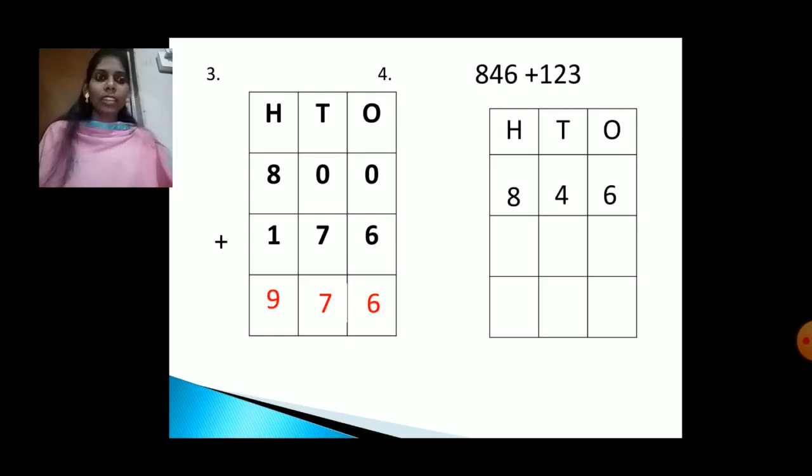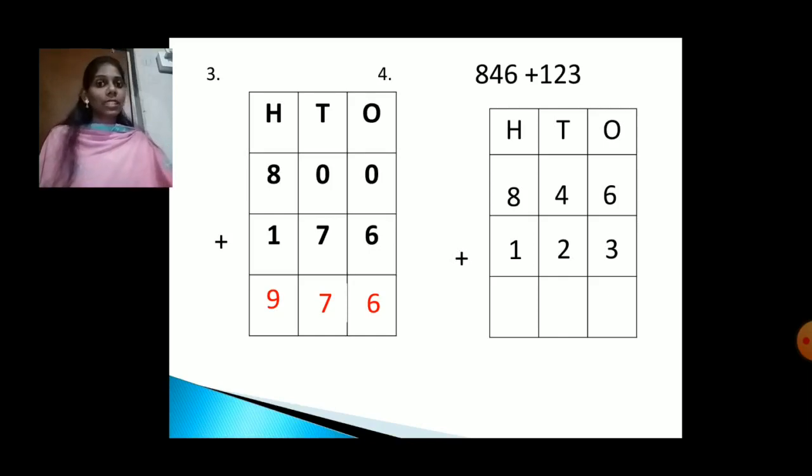Now read the number 846. Correct? Now addition. So we will write the addition sign, that is the plus sign. Okay? Plus 123 means 3 we will write under the ones place, 2 we will write under the tens place, and 1 we will write under the hundred place. 123. Correct? Now we will do the addition.